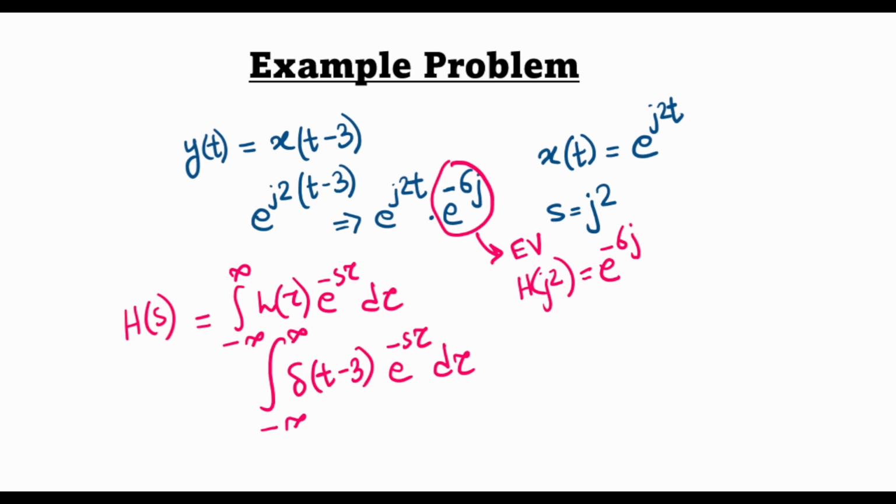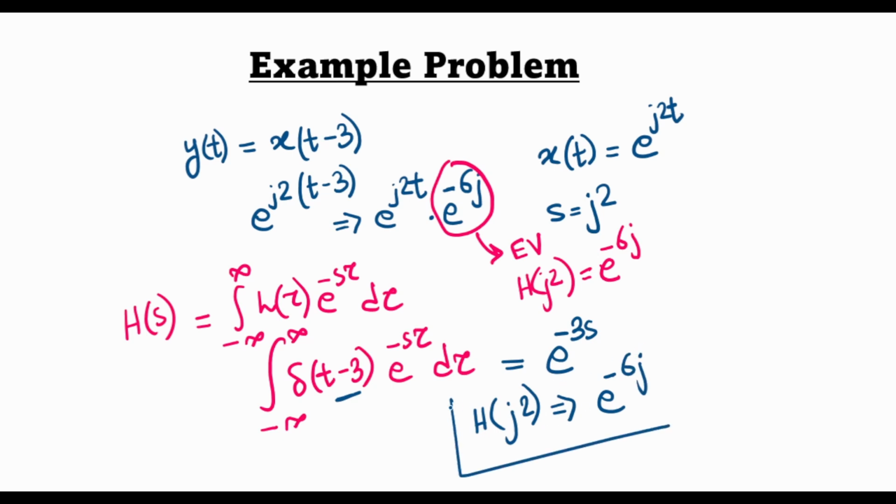And here, using the shifting property, we can find this as e to the power minus 3s, since this integral is only nonzero for tau equal to 3. So this is h of s, and if I find h of j2, I would simply get e to the power minus j6, which is the eigenvalue we found from inspection.